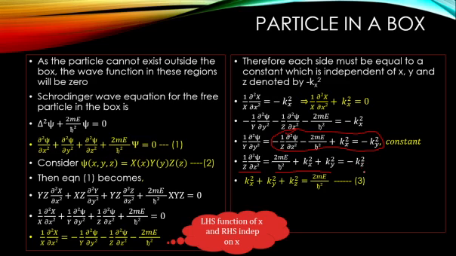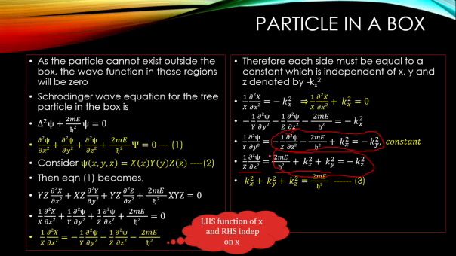So finally, from this relation, what you have is kx² plus ky² plus kz² equal to 2mE/ħ².